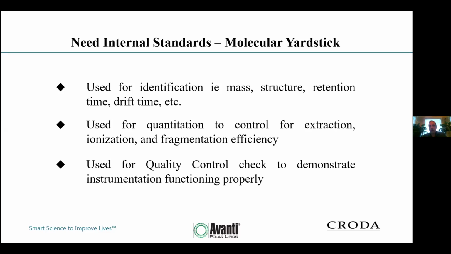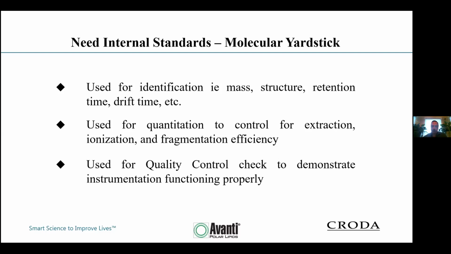And also, and this is a kind of a subtle point, it's a quality control check that we use to demonstrate that our instrumentation is functioning properly. Okay, so if we don't see our internal standards, then we know something is either wrong with our chromatography or something is wrong with our mass spectrometer.